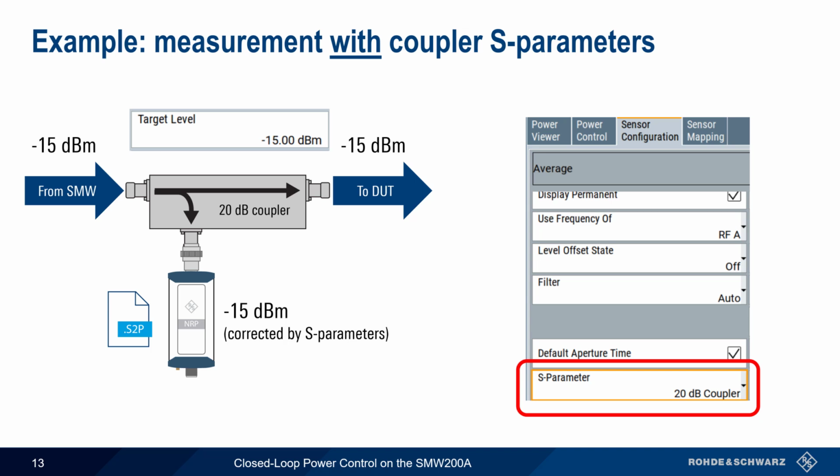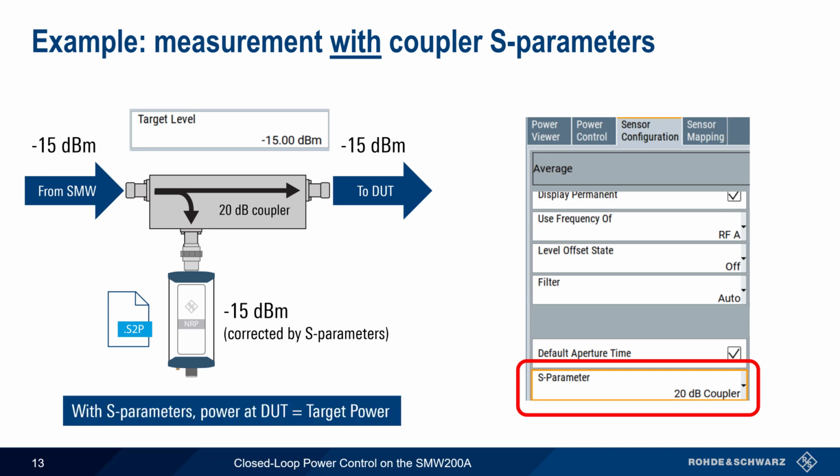If we were to add gain or loss between the SMW and the coupler input, the SMW would automatically adjust output power so that the power seen at the DUT input would still remain a constant -15 dBm. As we can see from these examples, using S parameters greatly simplifies the configuration of closed-loop power control, since it makes the power at the DUT the same as the user-configured target power.